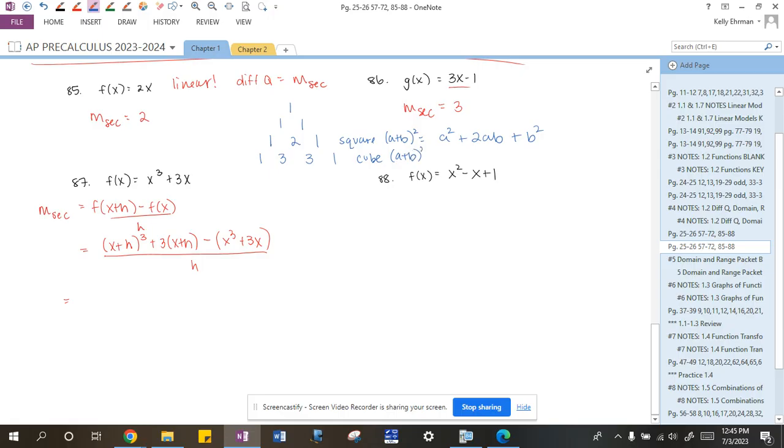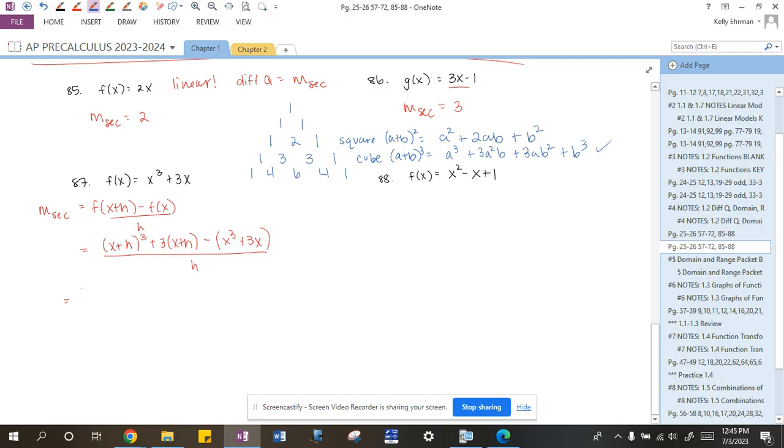If you want to cube a binomial, 1a cubed plus 3a squared b plus 3ab squared plus b to the third. You could keep going with this. If I want to raise something to the fourth, I can. It's basically just a shortcut, so you don't have to keep distributing.